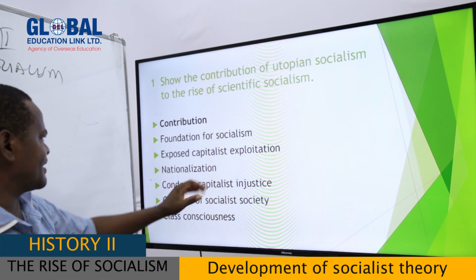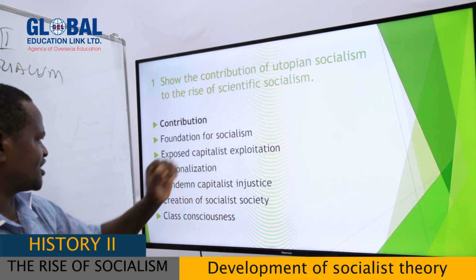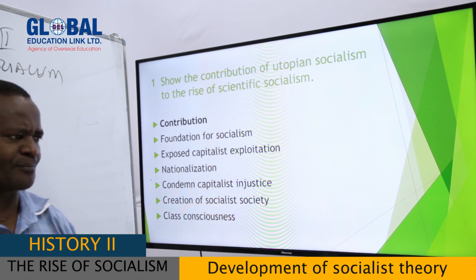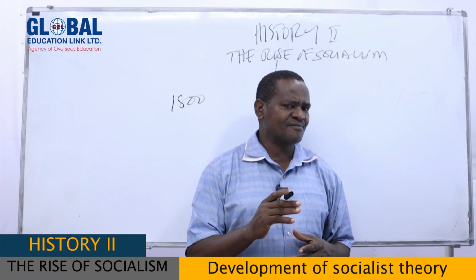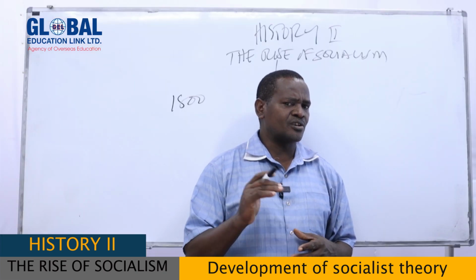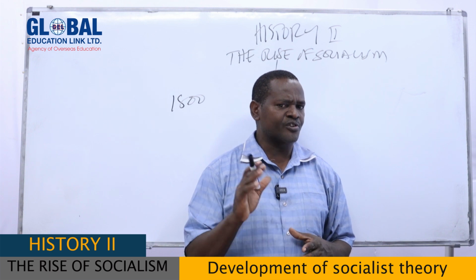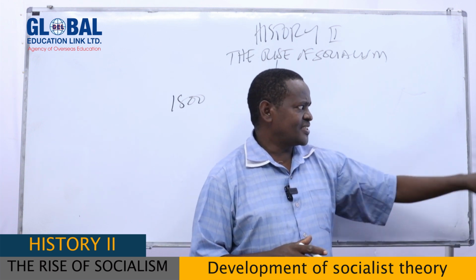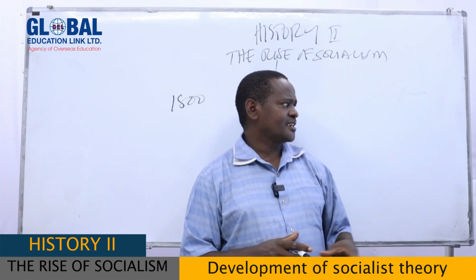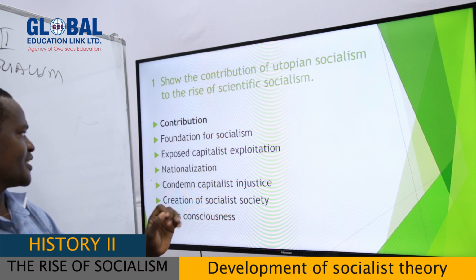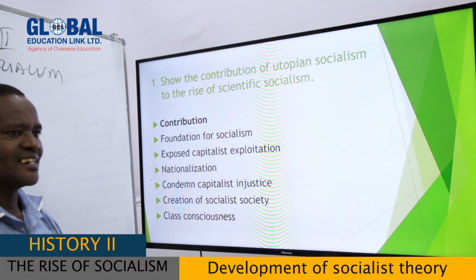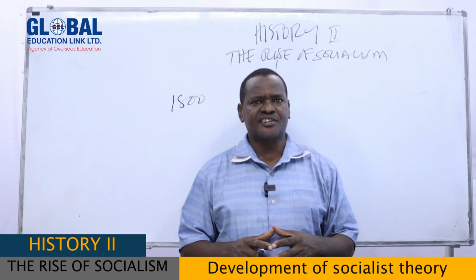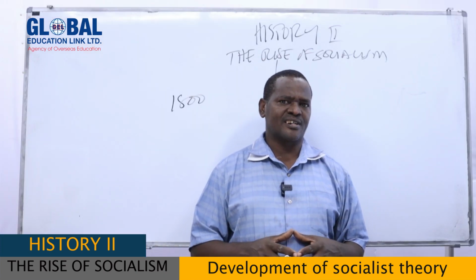Another point, my dear students, is nationalization of all major means of production. They believed that major means of production should be owned by the majority of the people, by the public. However, they differed from scientific socialists, who believe in nationalization but believe they can reach it through what they called a violent revolution.